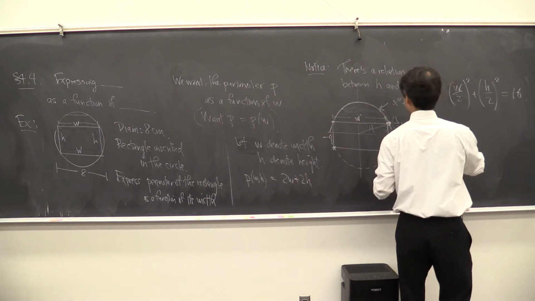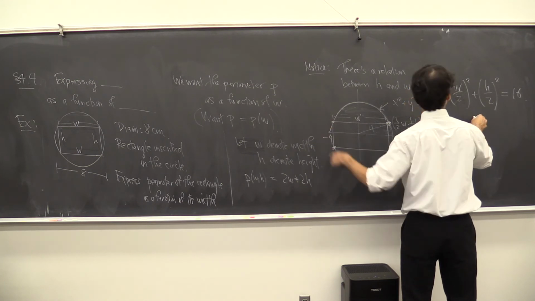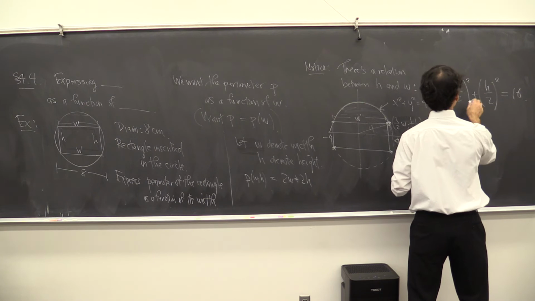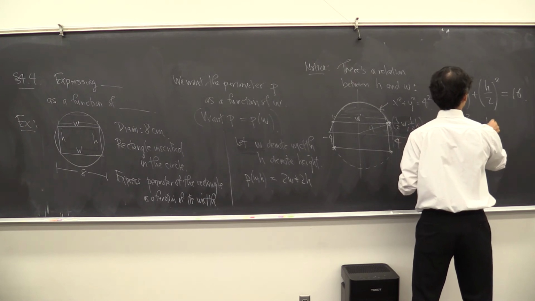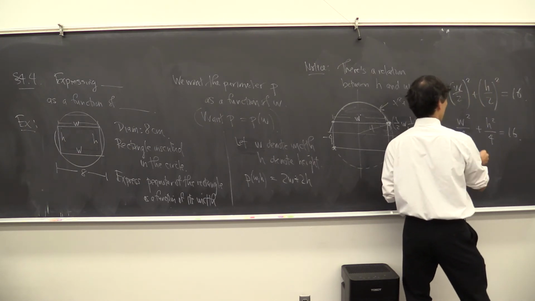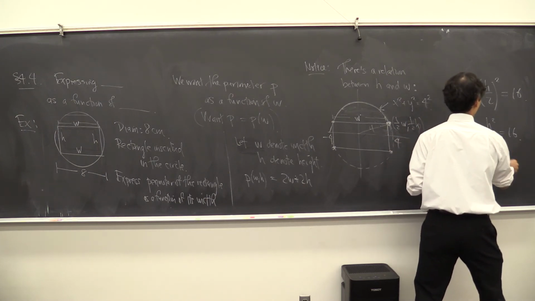Let's multiply it out, I guess. w squared over 4 plus h squared over 4 equals 16, right? So w squared plus h squared is equal to 64.